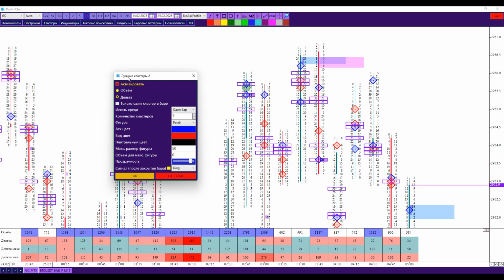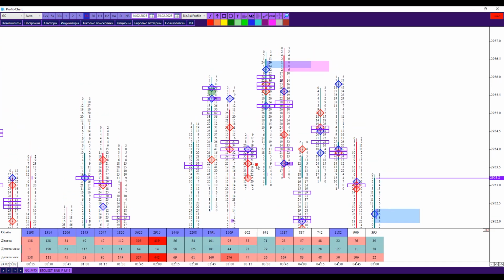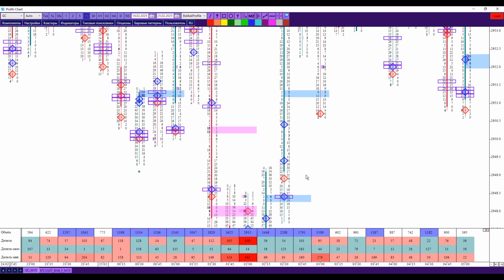Choose a window from the menu, denote a delta here, make a rhombus, or some other geometric figure that you like, red, blue. And it turns out a slightly unusual chart, but it often gives very interesting information.